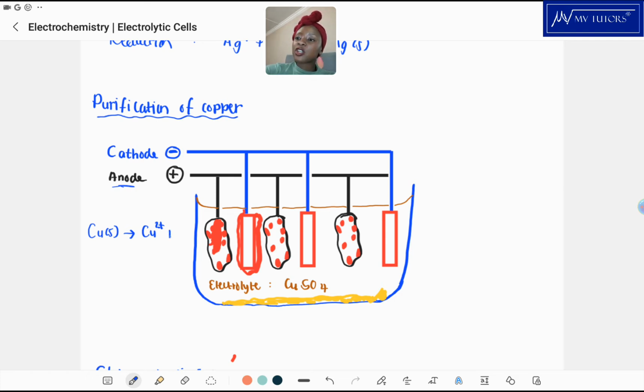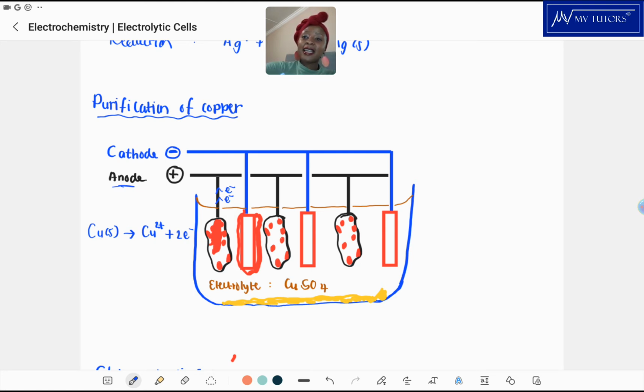Because we have a charge of 2+, every time oxidation occurs, you're going to lose 2 electrons. So your electrons are going to go out there. And then at the cathode, where reduction occurs, your electrons are going to come through.